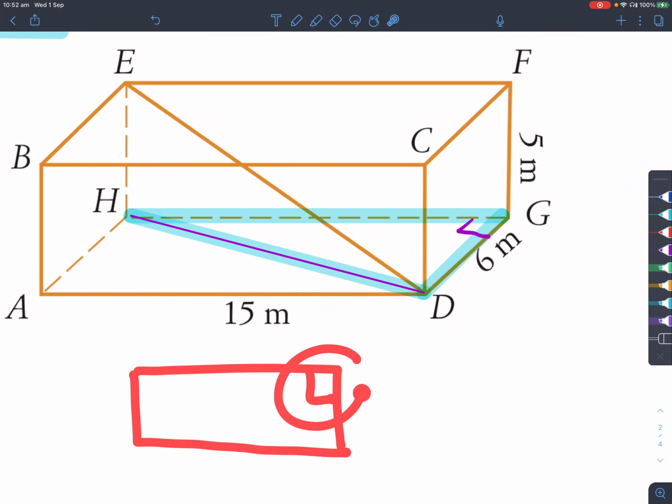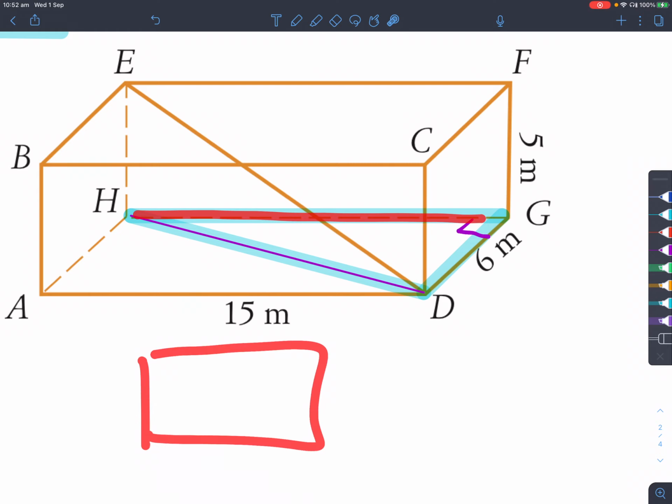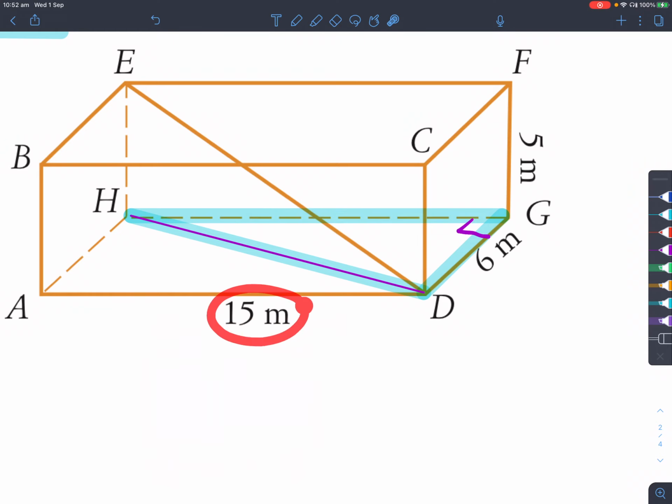That's that right angle right there. Now, that triangle already has some measurements. This is 6, and this length here, which is opposite this one, is 15. So we'll call that 15 meters for now.